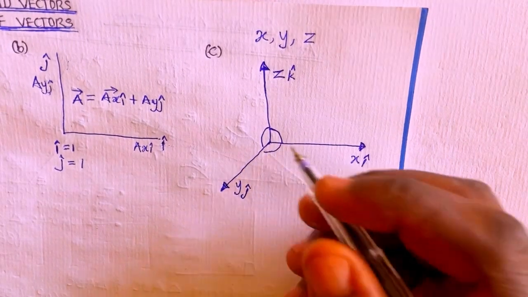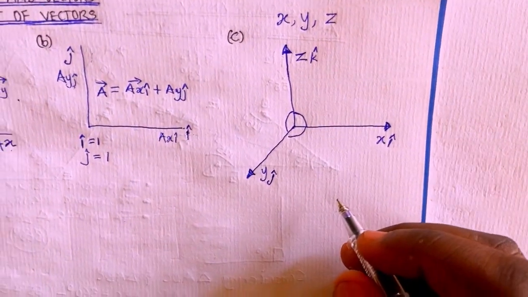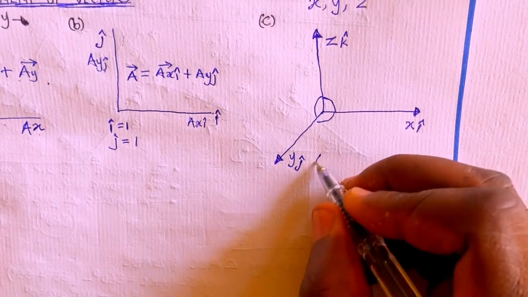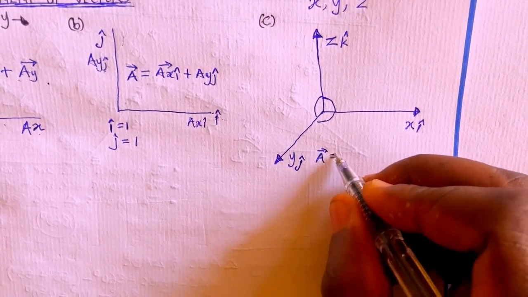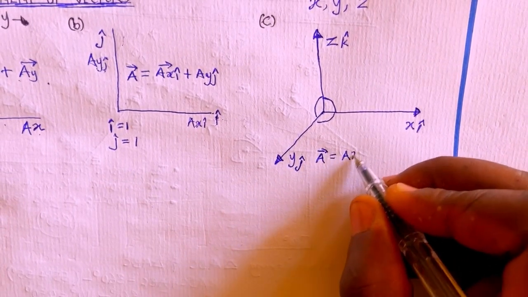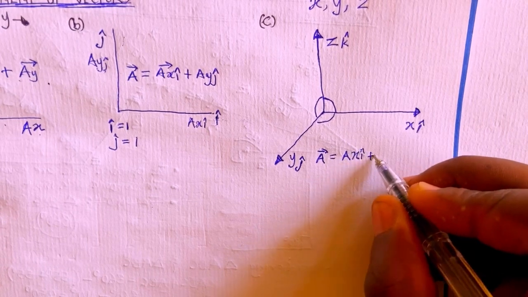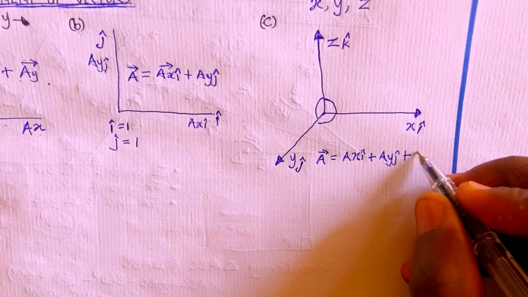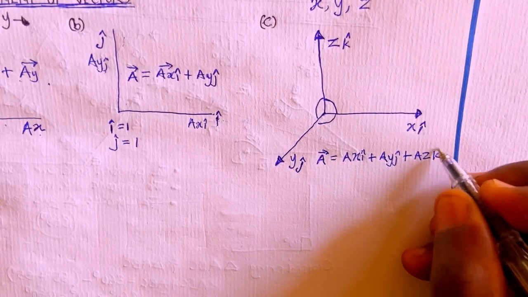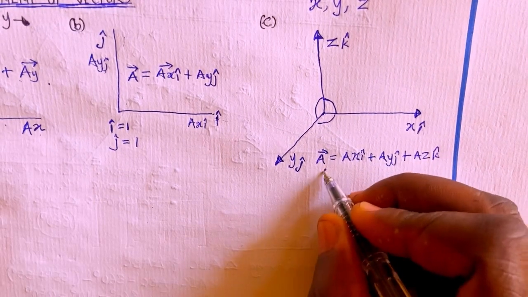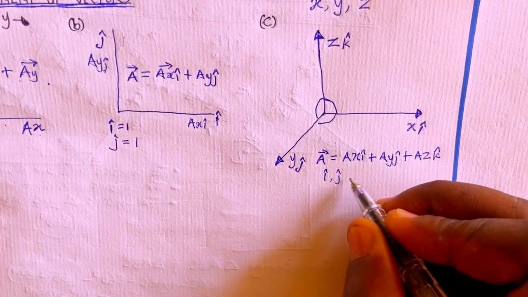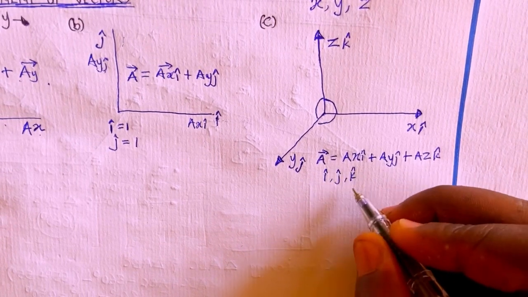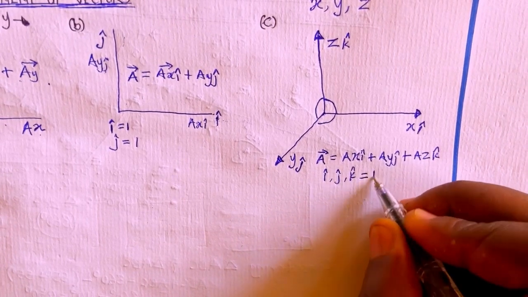So in this case, to calculate the resolution of vector, here I'm going to have vector A to be equal to AXi, right, plus AYj, right, plus AZk. But you need to know that your i, j, and k are known as unit vectors and their magnitude is equal to 1.